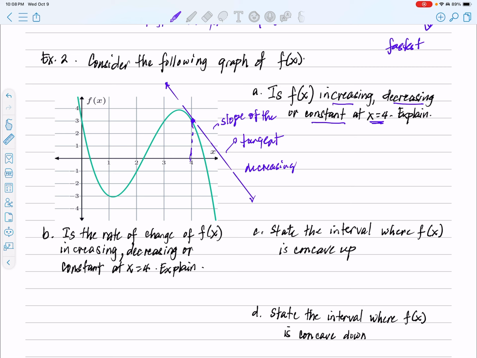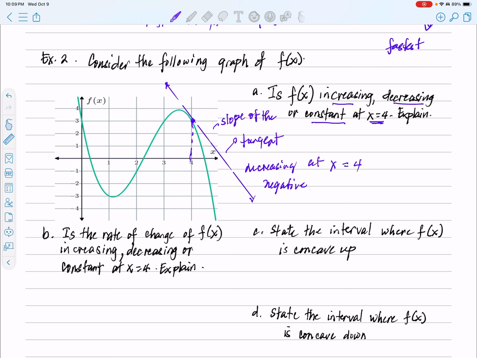So we can look at the slope at x equals 4. We see a negative, right? So the slope of the tangent is negative, so we have a decreasing function at x equals 4.